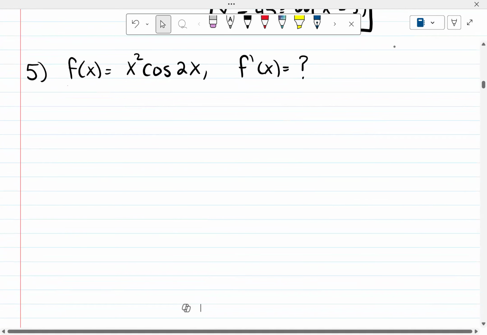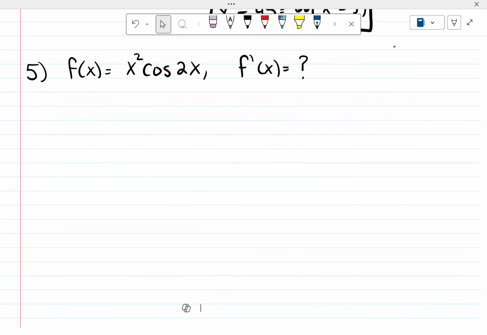So question 5 says we have f of x equals x squared cosine of 2x, and we got to find f prime of x, right? So how do we take the derivative of this whole thing? Since there's two things that are multiplying, x squared is one term, and cosine of 2x is actually one term.